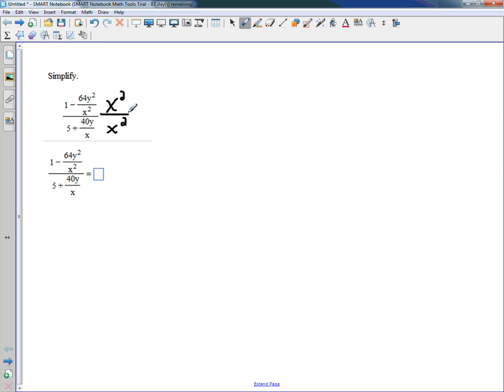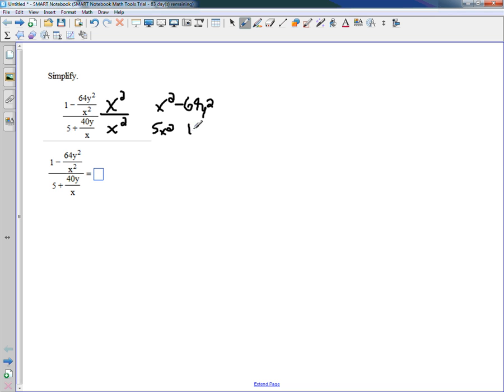If I multiply the top by x squared, I get x squared minus 64y squared. If I multiply the denominator by this, in this case I don't cancel out completely. So I get 5x squared, that's the easy part, 5 times x squared, but I get x squared over x, so I'm left with 1x still.